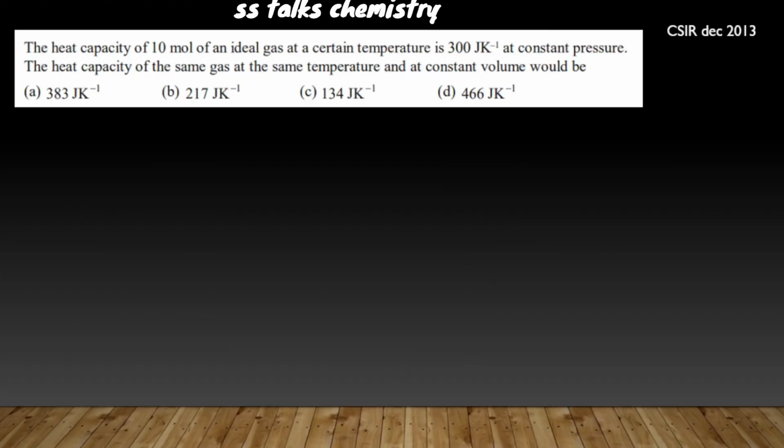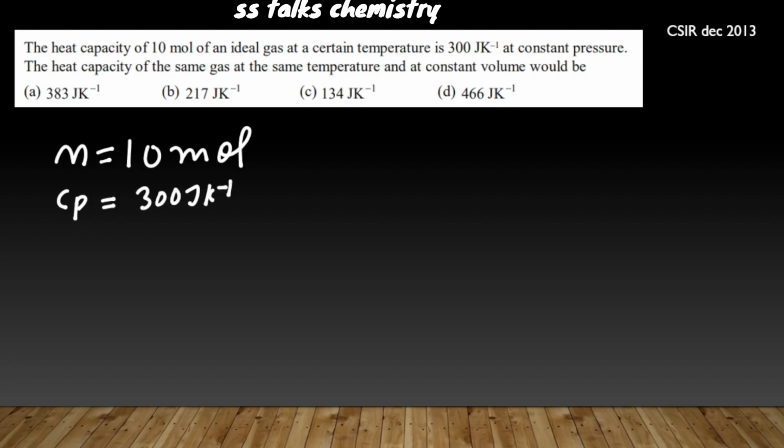The heat capacity for 10 moles of ideal gas, that means n is 10 moles, at a certain temperature is 300 joules per Kelvin at constant pressure. So Cp is given to us, which is 300 joules per Kelvin. The heat capacity of the same gas at the same temperature but at constant volume, Cv, is being asked.